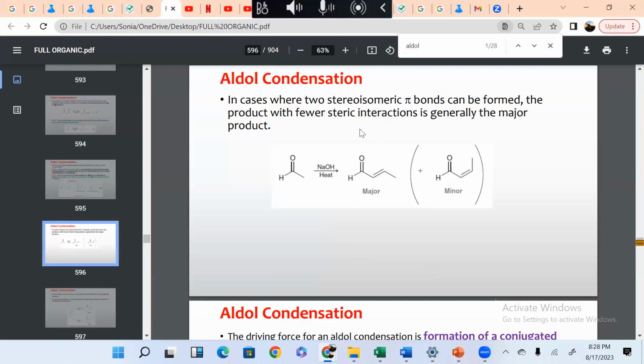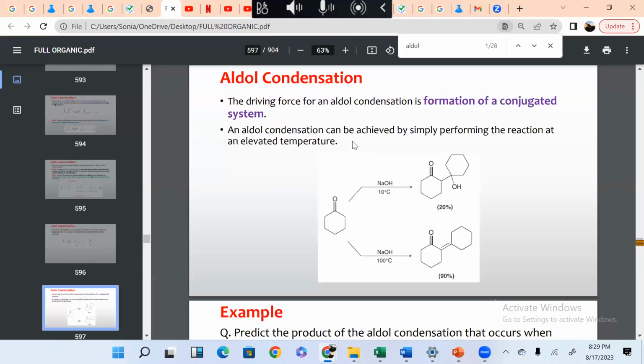So this is the product which will be favored as compared to having both groups on the same side of the double bond. In a case where two stereoisomeric pi bonds can be formed, the product with the fewer steric interactions, which is this one, where the groups are on opposite sides, will be more favored than the other one.